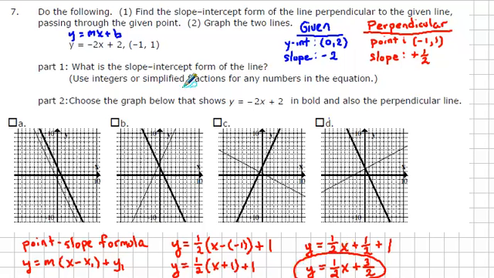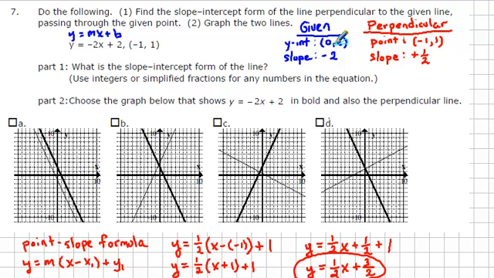In part 2, we're asked to choose the graph below that shows y equals minus 2x plus 2 in bold, and also the perpendicular line. So let's first of all try to eliminate some of the choices. Okay, y equals minus 2x plus 2. We've already discussed that the slope is -2 and the y-intercept is 0, 2.